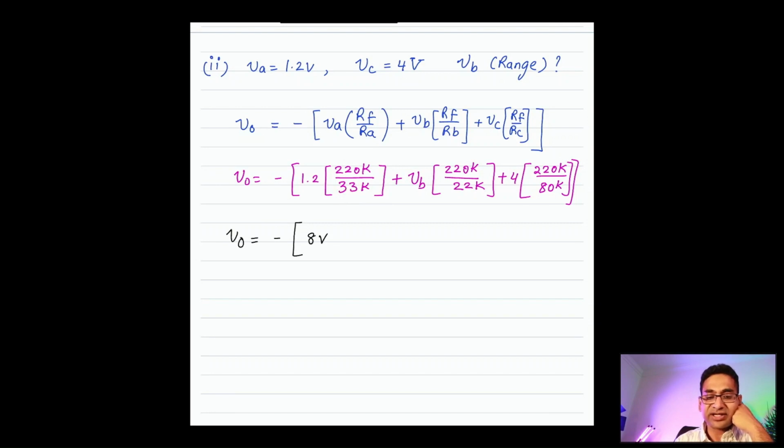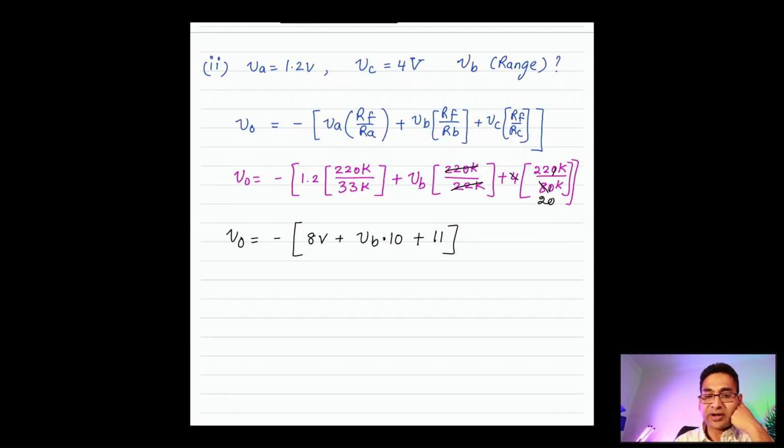That's the simplification there. Plus, I'm going to leave VB as is, and all of this goes to a factor of 10. 22 multiplied by 10. Plus, now we can simplify this. 80 to 11. So this is going to be a factor of 11 here because 4 multiplies 80 by 20 times.